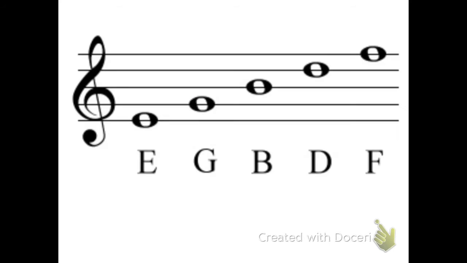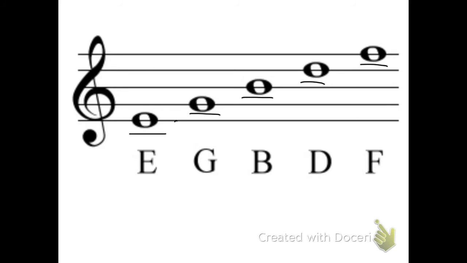So now that I've told you where the notes live, let me show you which notes live on the lines. So the 5 line notes of the treble clef are E, G, B, D, and F. I know the notes all look the same. It's just a circle with a line in the middle. But the letters don't actually represent what's on the line. The letters represent the line itself.